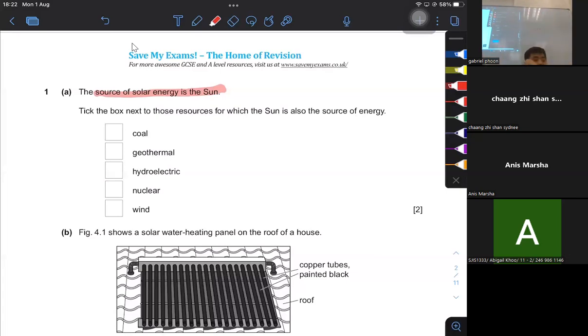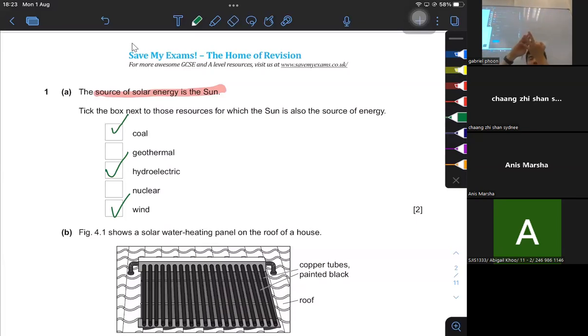Yes, the wind is from the sun. Coal, hydroelectric, and wind are all from the sun.